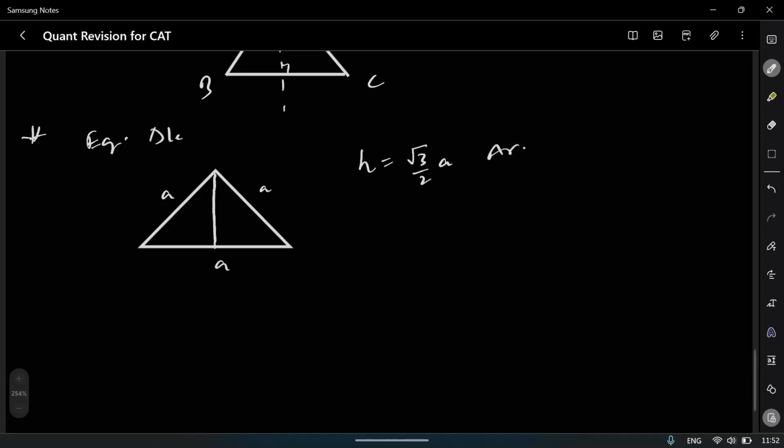Area equals root 3 by 4 a square, inradius equals a by 2 root 3, and circumradius equals a by root 3.